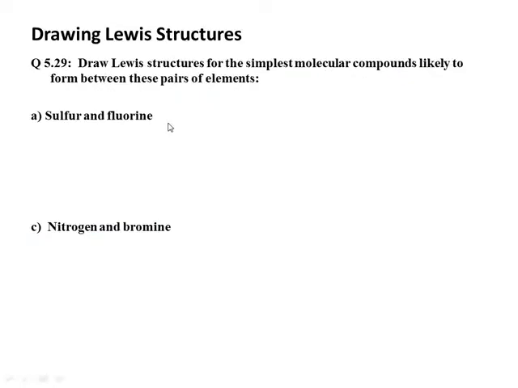Okay, let's go on. More of the same thing, but in this case they are specifying the simplest molecular compound to be formed with these elements. Now here what is important to realize is sulfur is in group 6A, therefore sulfur needs to make 2 covalent bonds.